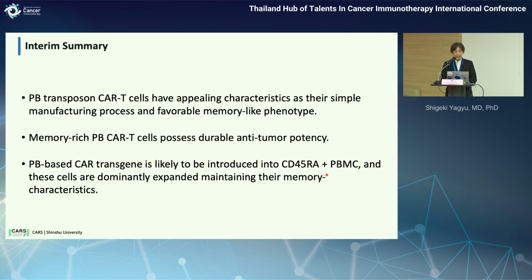So in summary, piggyBac CAR T cells have appealing characteristics, with a simple manufacturing process and a favorable memory-like phenotype. The memory-rich piggyBac CAR T cells possess durable anti-tumor potency, and the piggyBac-based CAR transgene is likely to be introduced into RA plus PBMC, and these cells were dominantly expanded, maintaining their memory phenotype.